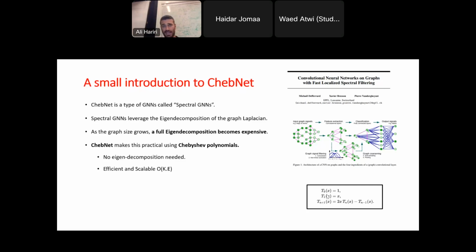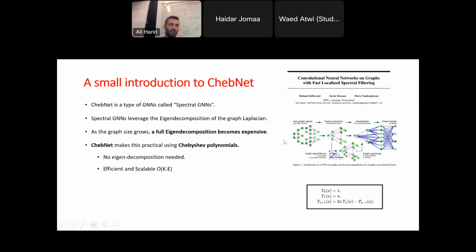So combining the Chebyshev polynomials with graph machine learning, we end up with the model introduced in 2016 called ChebNet, Chebyshev Graph Convolutional Networks, where the goal of the neural network is to learn the filters, the graph filters basically, using Chebyshev polynomials.